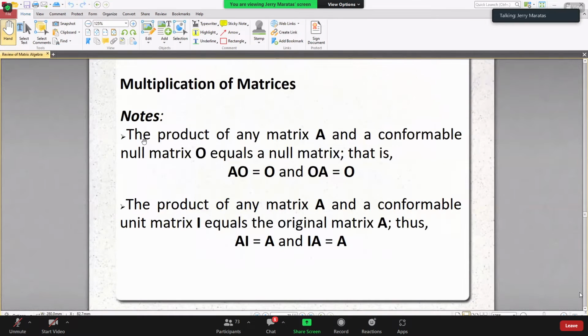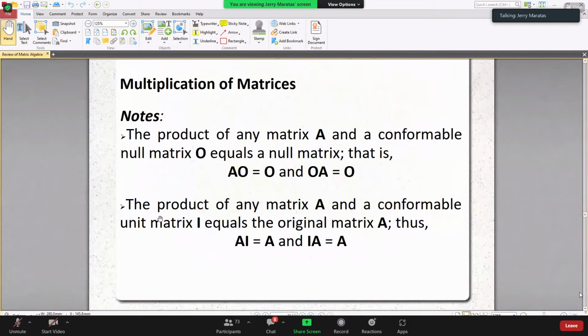Now, if we have matrix A and you multiply it by a conformable null matrix O, the result is a null matrix. So a matrix A multiplied by 0 gives 0.